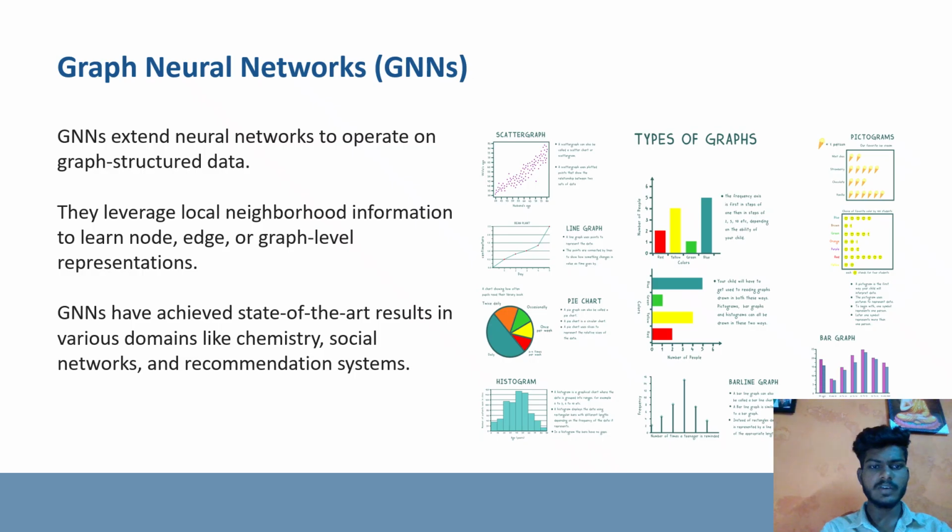They leverage local neighborhood information to learn node, edge, or graph-level representations. GNNs have achieved state-of-the-art results in various domains like chemistry, social networks, and communication systems.